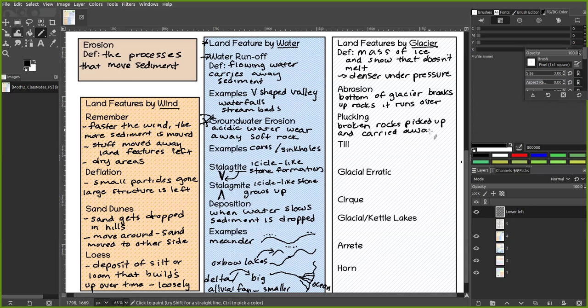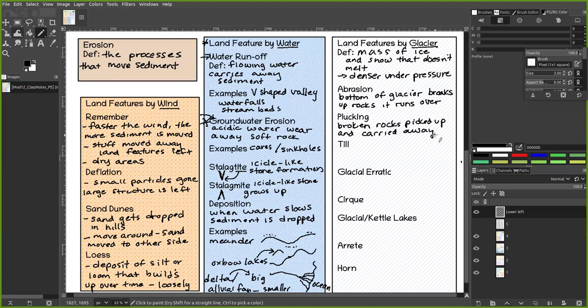Now, a glacier may only move maybe a foot or two during the year, but say it's around for 100 years. That means it's moved 200 feet and it's picked up the sediment, this till, and carried it at least a couple hundred feet.